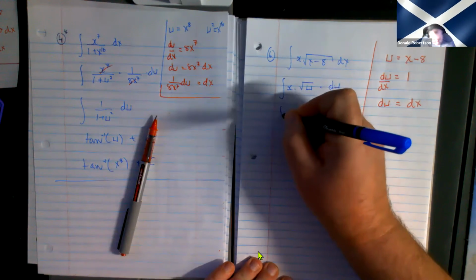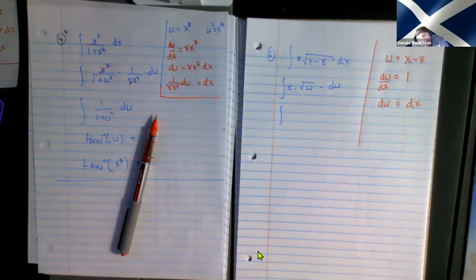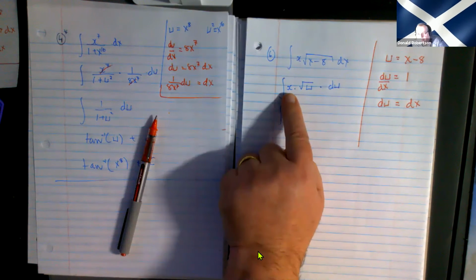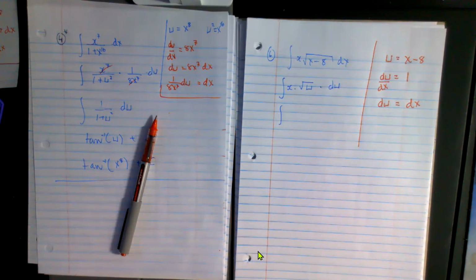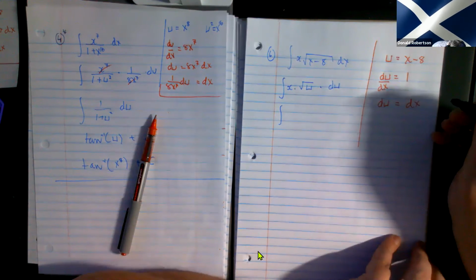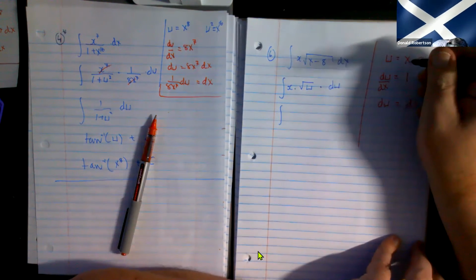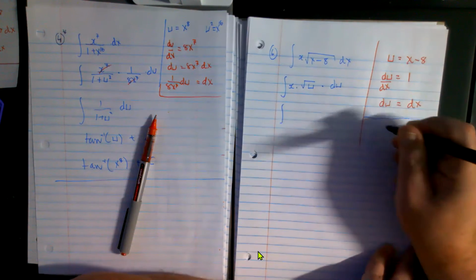So how do we make it happen? How do we find x in terms of u? Can we set u equal to x minus 8 and then substitute for both of them? Sounds like a plan if I picked you up right. So I'll put a little squiggly line here.